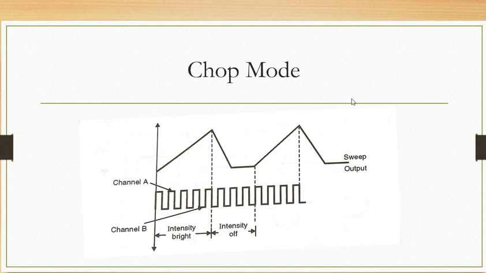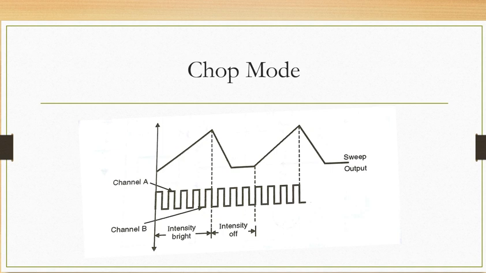Channel A is displayed for a very short time, then channel B, and then again channel A, then again channel B, and this continues at a very fast rate. Due to such high switching rate, the displayed signal appears to be stable, simultaneous.